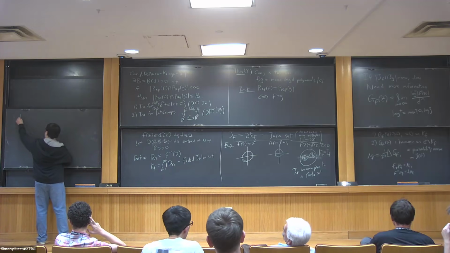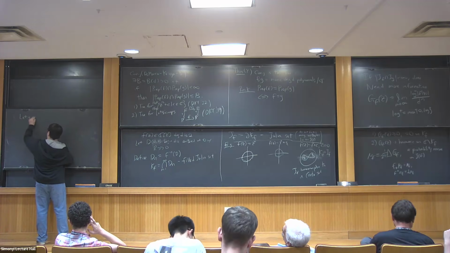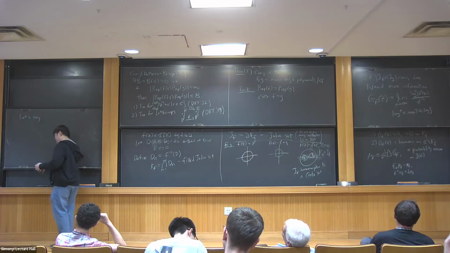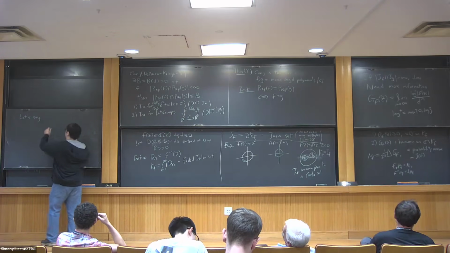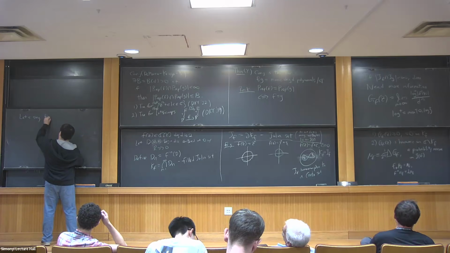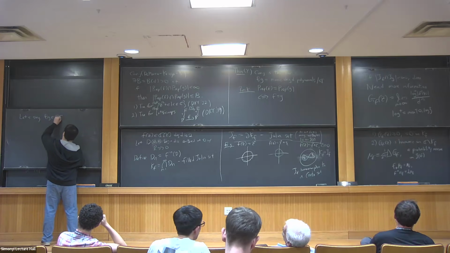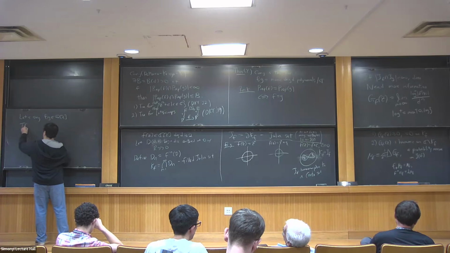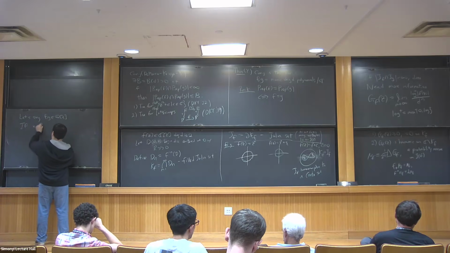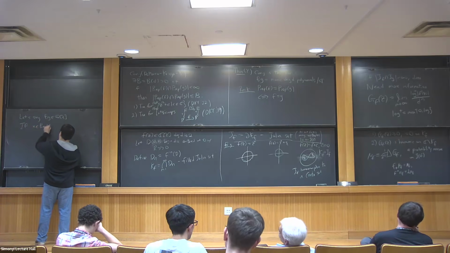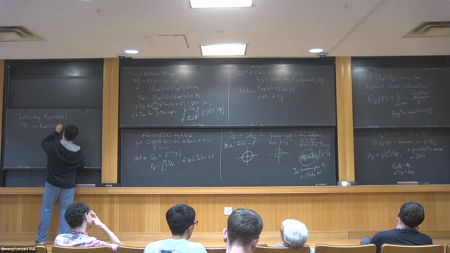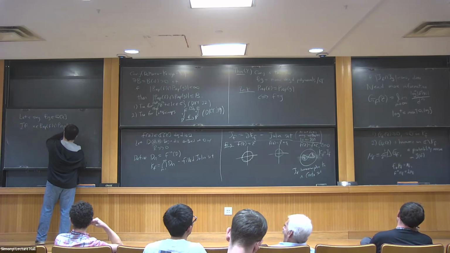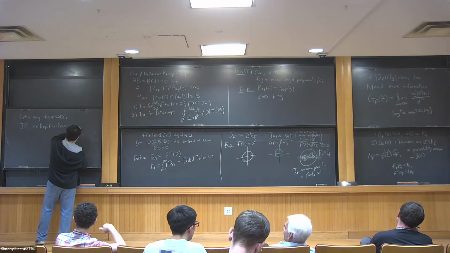For simplicity, there's a way to make sense of it over an arbitrary transcendence degree field, but let's just say Q. The main thing is that if x is a common preperiodic point, then σ(x) is also in it.